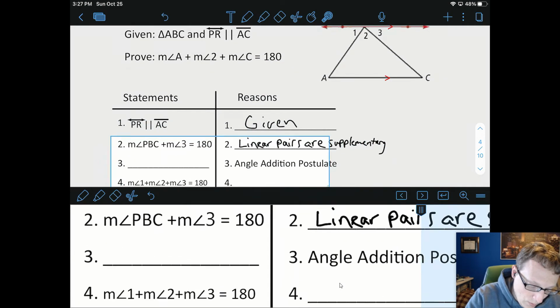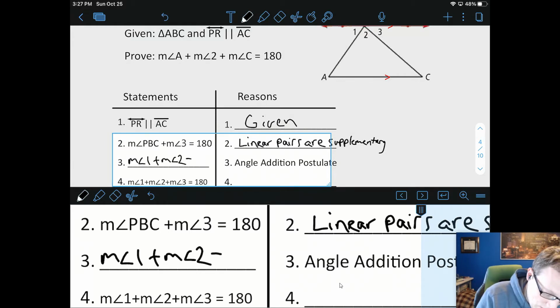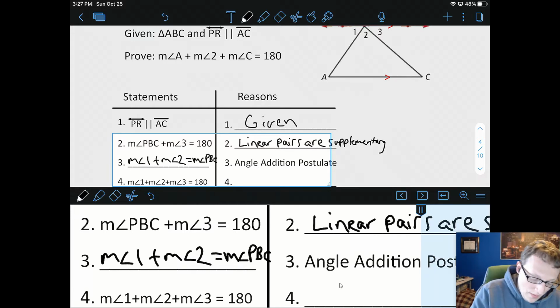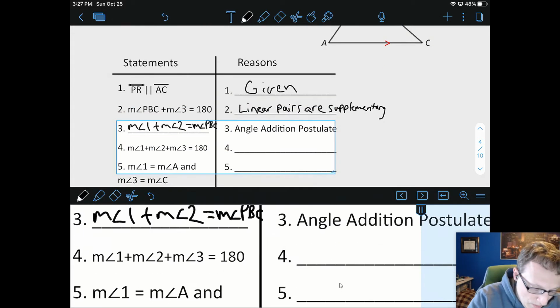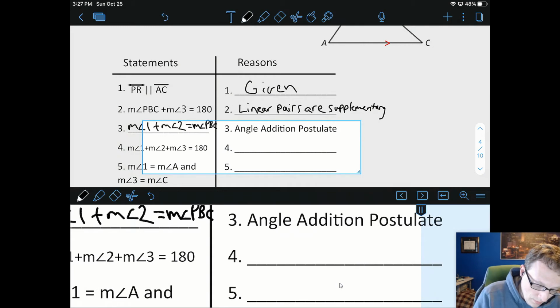And I believe that's what the angle addition postulate is getting at. So we're going to say the measure of angle 1 plus the measure of angle 2 is equal to the measure of angle PBC. And then you can see that basically PBC is getting substituted with the measure of angle 1 plus the measure of angle 2 in that next line. So this is going to be substitution.